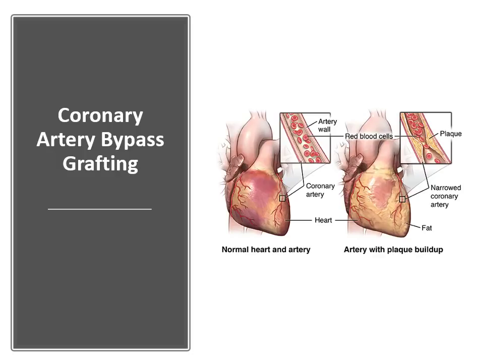Now, let's pause and go back to something that I mentioned to you at the beginning of this slide. Remember I showed you add-on code 33508? Now, notice that states endoscopy, surgical, including video-assisted harvest of a vein. So procurement of the saphenous vein is included in the CABG procedure.